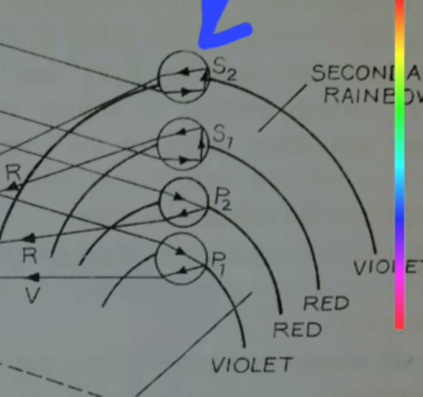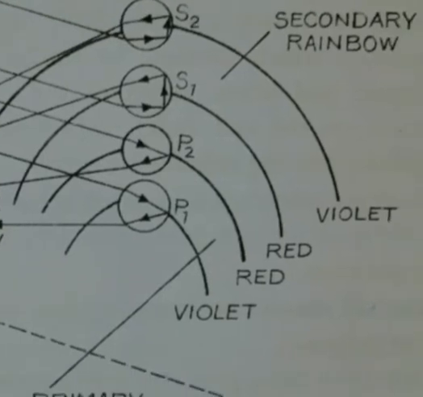Why 4? Because these will show you how the two different rainbows are formed. One is the secondary rainbow and the other one is the primary rainbow, that is this one. So how are these secondary and primary rainbows formed?